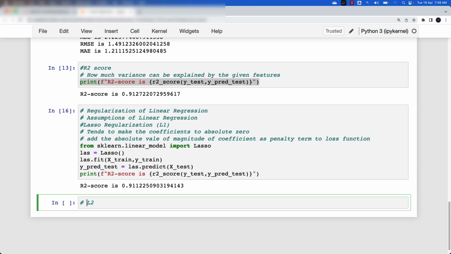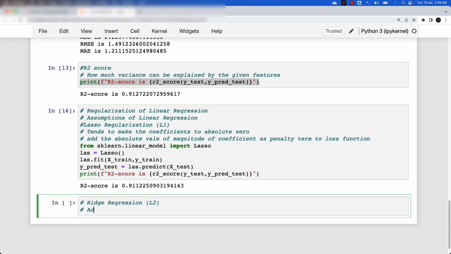Now this is about the L1 regularization, and in the same way we also have L2 regularization. This L2 regularization is also known as ridge regression. In the scenario of this ridge regression, what we do is we add the squared magnitude of coefficients as a penalty term.